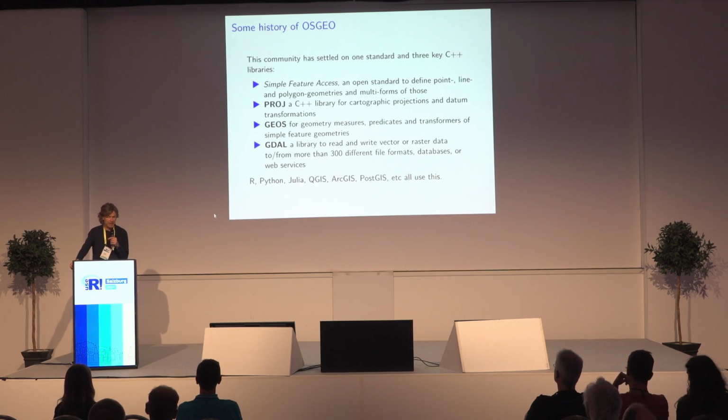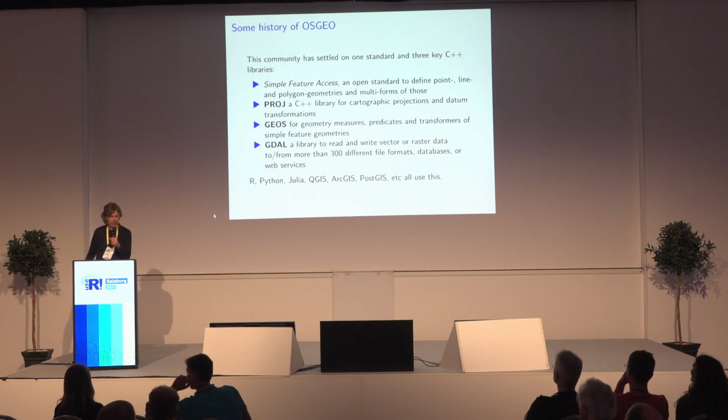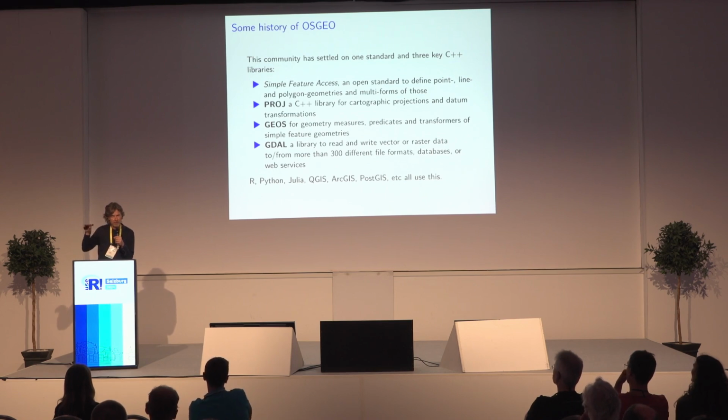And GDAL, the Geospatial Data Abstraction Library, is a library to read and write vector data and raster data in something like 300 different file formats. So that basically solves the whole file format problem once and for all, for everyone, if you use that library. The thing is that it's a meta library that reuses all kinds of libraries for particular formats. For instance, GeoPackage is a special dialect of SQLite.